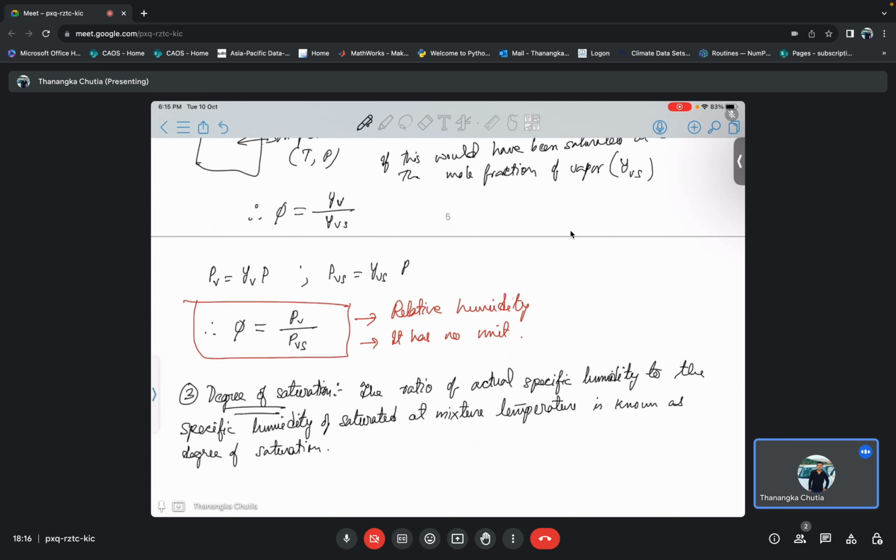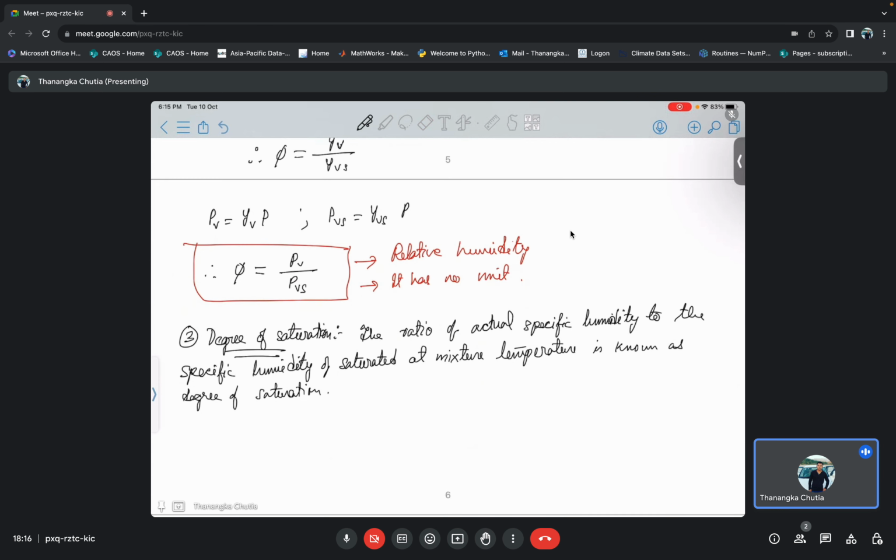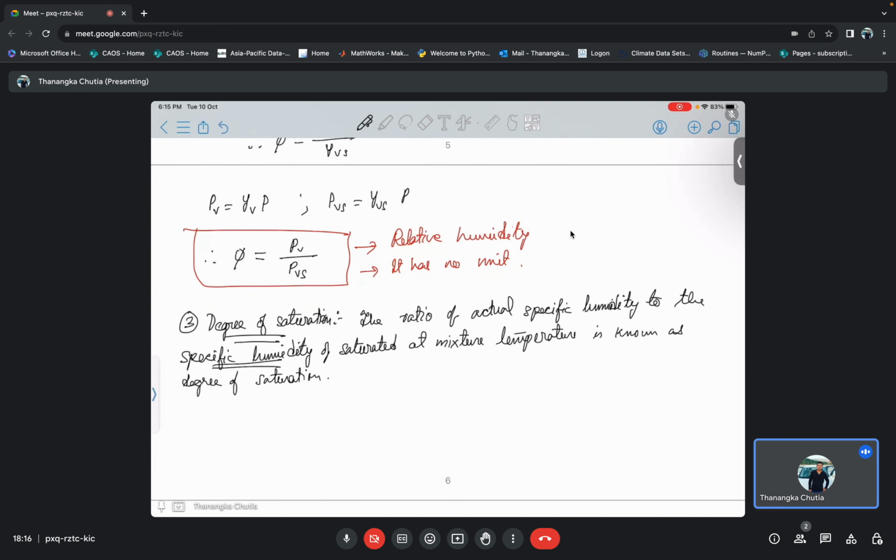Okay, now that means what? In the previous case it was the ratio of the mole fraction, now it is the ratio of specific humidity, which we have already studied. If degree of saturation is expressed as mu, this will be W divided by Ws. We have already got the expression for W as 0.622 times PV upon P minus PV. So Ws will be 0.622 times PVS by P minus PVS.